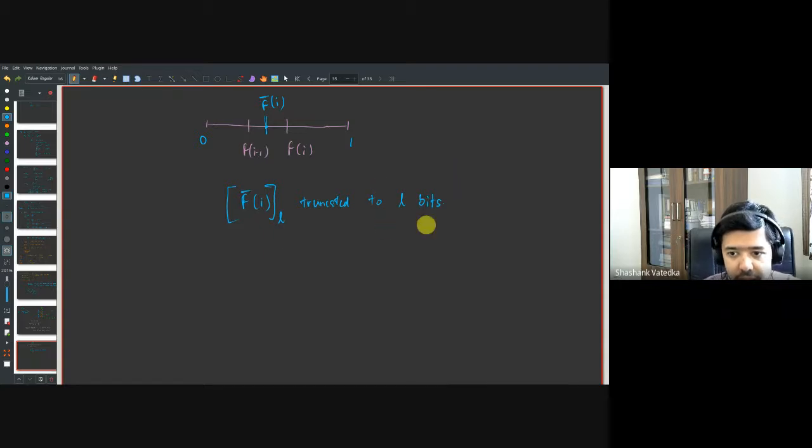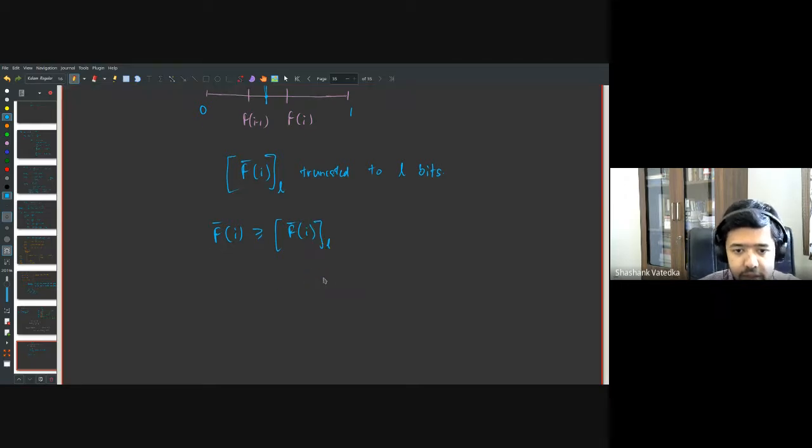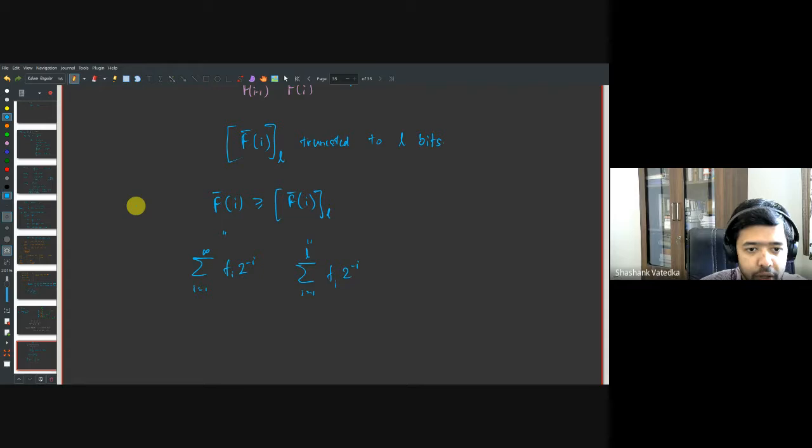But if I truncate it to exactly L bits, obviously f bar of I is going to be greater than or equal to f bar of I truncated to L bits, because f bar of I would have been the summation from i equal to 1 to infinity of f subscript i times 2 to the minus i, whereas this is the summation from i equal to 1 to L. So I'm removing the terms beyond L in the summation, and therefore this is less than or equal to f bar of I. Okay, so that is point number one.